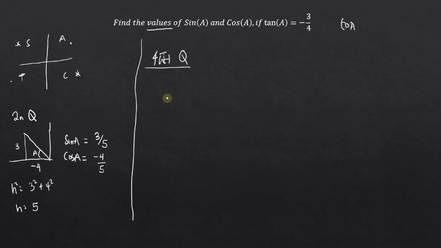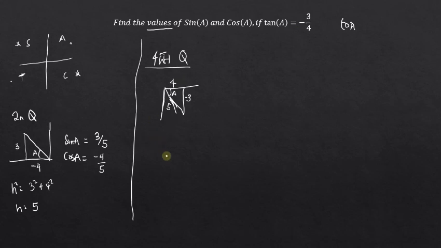If it's in the fourth quadrant, when you draw it, it will look like this: an angle A, right? Then you have the opposite, which is actually -3, and the adjacent is 4. When you solve, you still get your hypotenuse to be 5.